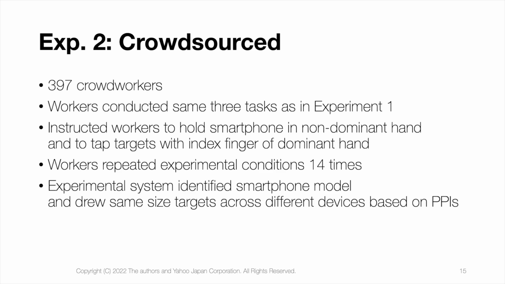We instructed the workers to hold the smartphone in their non-dominant hand and to tap the targets with the index finger of their dominant hand. The workers repeated the experimental conditions 40 times. Our experimental system identified the smartphone model and drew the same size targets across different devices based on the PPIs.